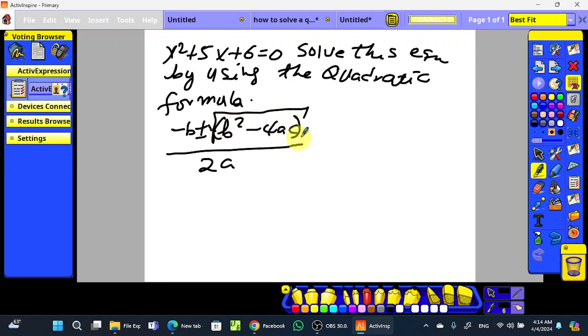Number 1, you have to know how to work out the square root of a number. If you are not using calculators in an exam, you have to know, for example, what is the square root of 25? That's 5, because 5 squared is 25. What is the square root of 4?